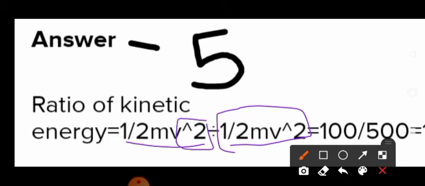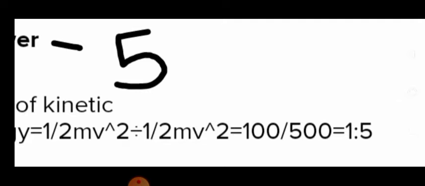We know that both are the same, so you can cancel v square and half also. Then it will be equal to 100 divided by 500, which is equal to a 1:5 ratio. Do you understand? So this is the ratio between the kinetic energy.